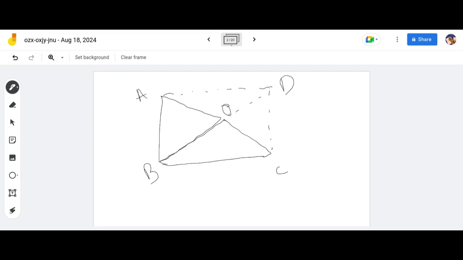Now here we can say that AD is parallel to BC. After the parallel lines, we also have AB and DC. If these two are parallel, these two are also parallel with each other.